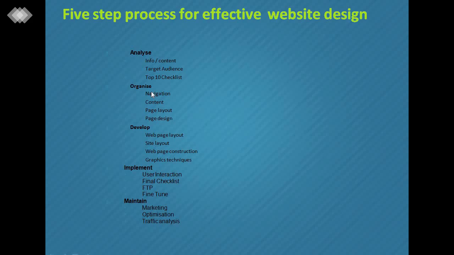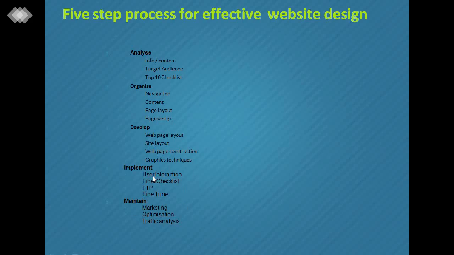In organize, the second step, we cover navigation, contents, page layout and page design. And development, the third step of website design, includes web page layouts, site layouts, web page constructions, and graphic techniques.